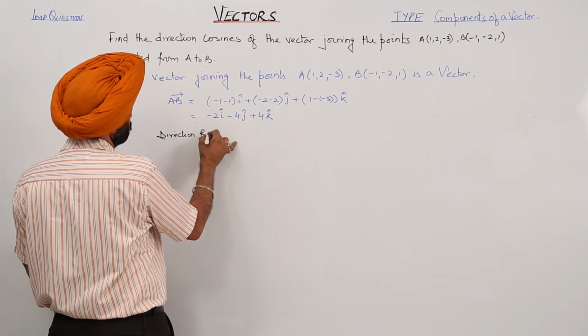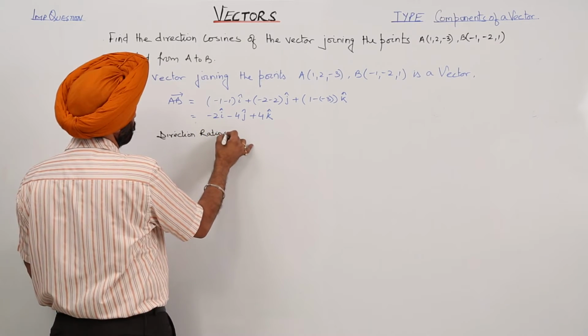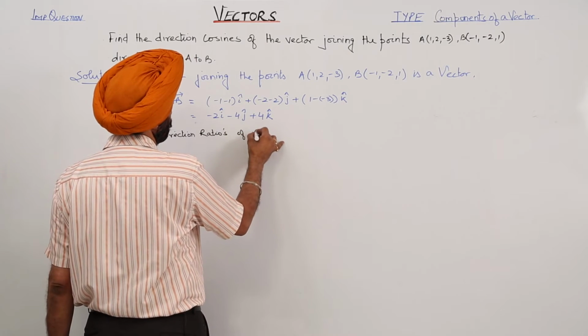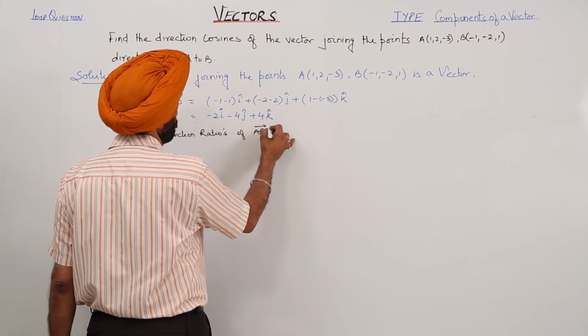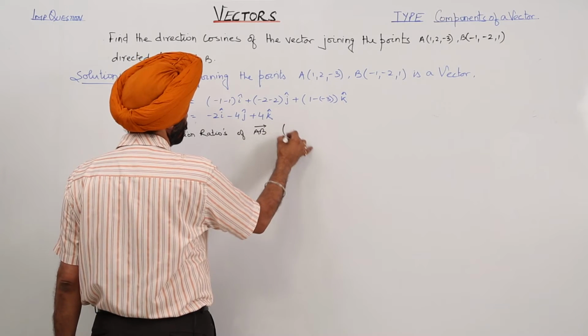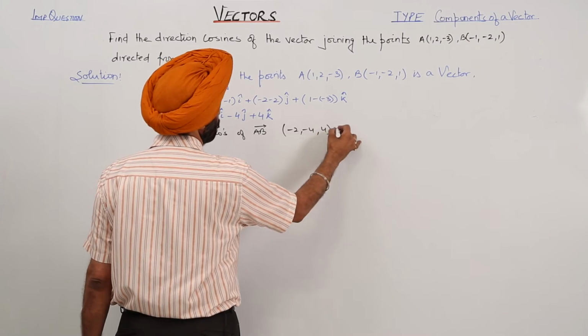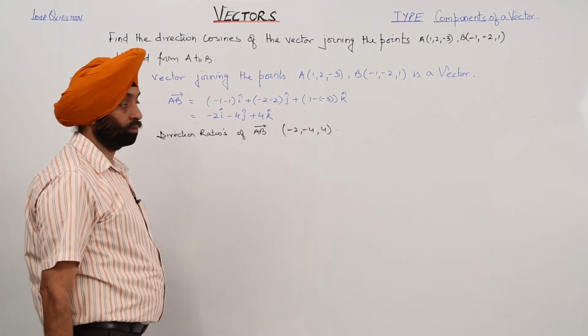Direction ratios of AB. Now direction ratios are -2, -4 and 4. Okay.